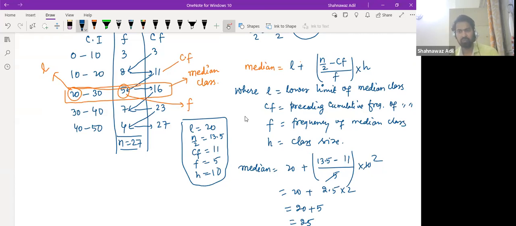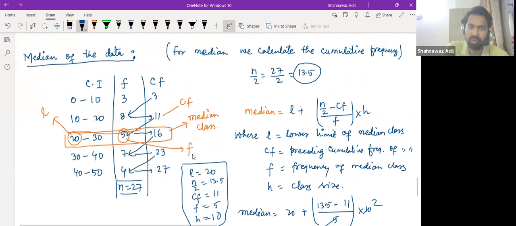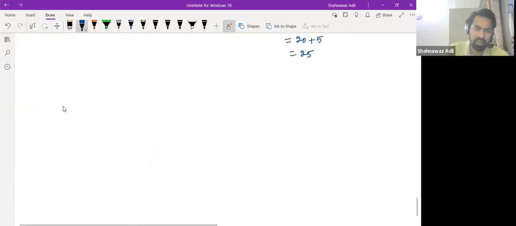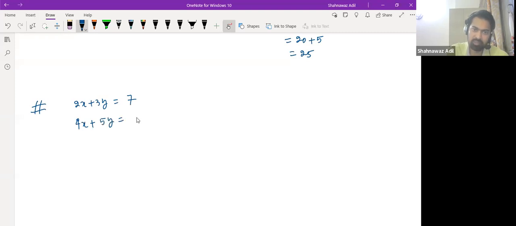Can you show how to do the elimination method once? Oh, the elimination method. So let's say, did you note down this part? Yeah. So let's say you have 2x plus 3y equals 7, and then you have 4x plus 5y equals 8.